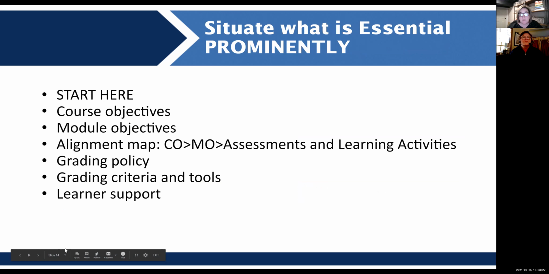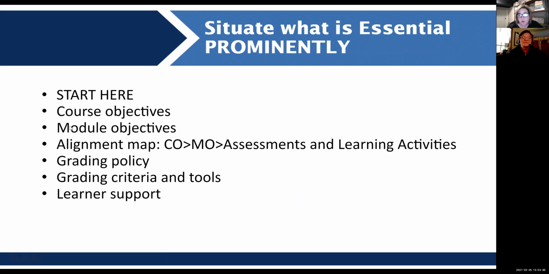So one of my biggest pieces of advice is that when it comes to what's essential, make sure that it is situated prominently inside of the course. Use a Start Here tab. Make your course objectives very clear and your module objectives very clear as well.